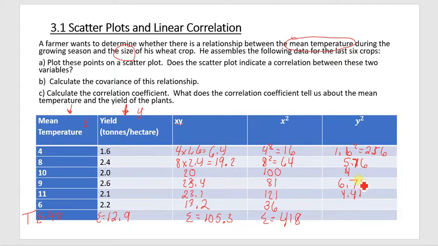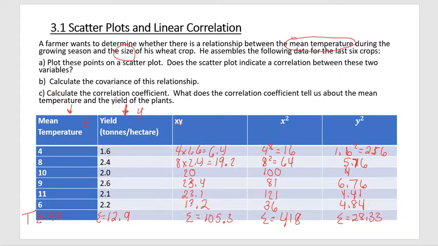And then 2.2, I get 4.84. If we add all of these up, I have 2.56 plus 5.76 plus 4 plus 6.76 plus 4.41 plus 4.84, I get a total of 28.33.